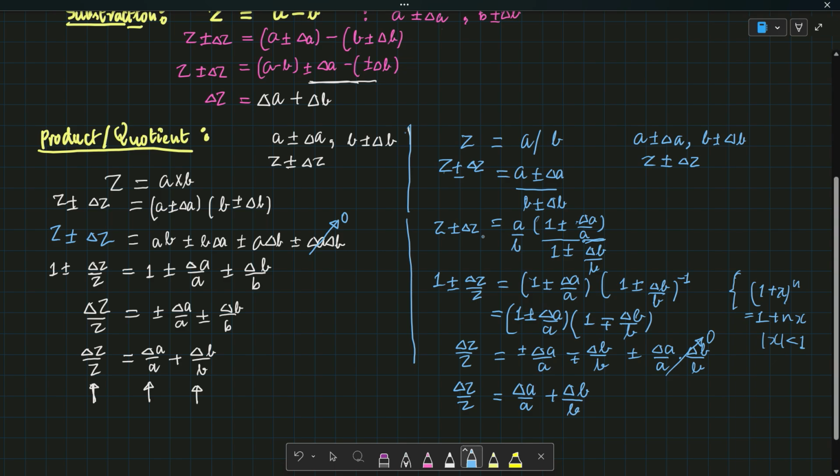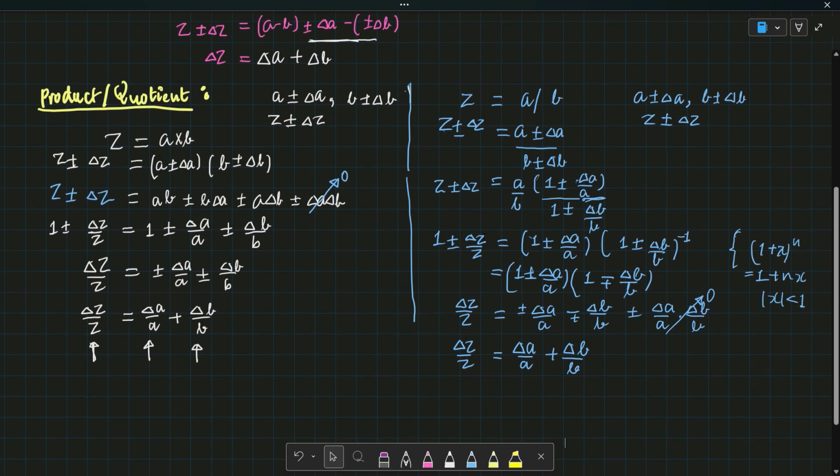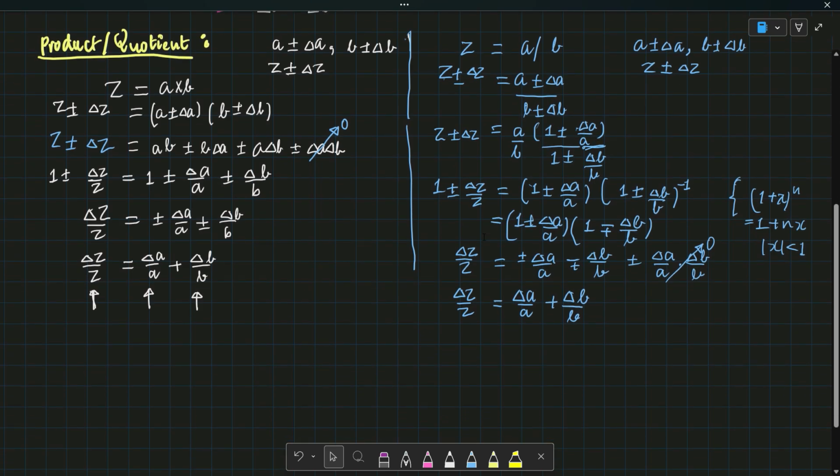So we see that in case of product as well as quotient, the relative error in the product is equal to the sum of the relative errors of either quantity. So it doesn't matter whether it is product or quotient or division, the maximum error that happens in product and quotient is always the sum of the relative errors of either quantity.